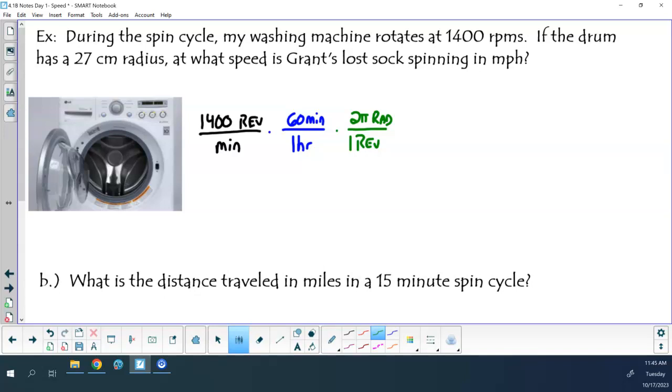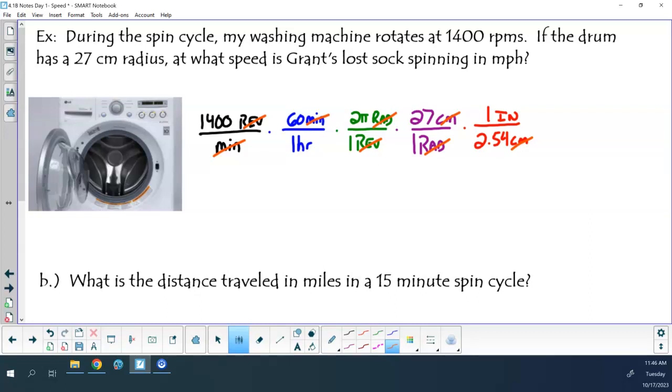Then we're going to go the fact that 1 radian is 27 centimeters. Now here's where the funky conversion comes in, because now we've got 2.54 centimeters is 1 inch. So now I'm in inches per hour. If you don't believe me: minutes gone, revolutions gone, radians gone, centimeters gone.